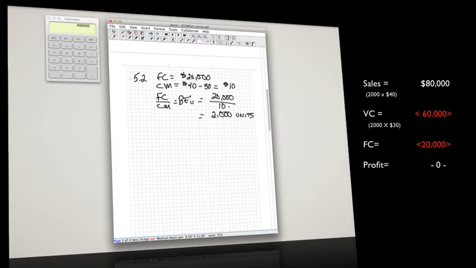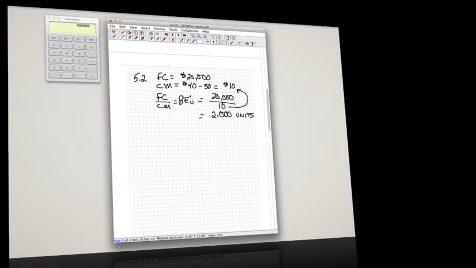Okay? And again, that $10 is the contribution margin. That amount of money that's contributed after paying variable costs each time we sell a product, sales price minus variable costs. And it goes on to ask much the same thing again. What would happen, or how much would be contributed to profit if we sold 5,000 units?